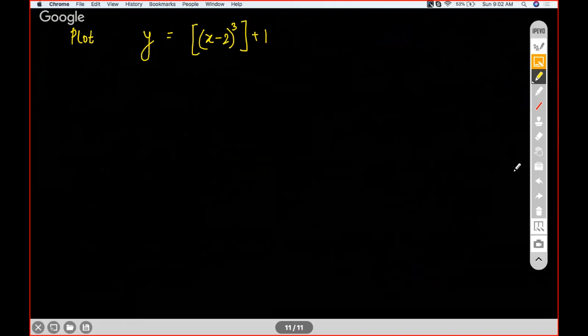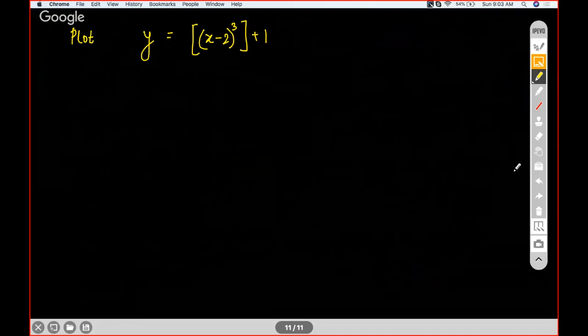So x minus 2 whole cube is 2 units to the right. Then you replace y with y minus 1 equals (x minus 2) whole cube, so you move it 1 unit up. So 2 units right, 1 unit up.